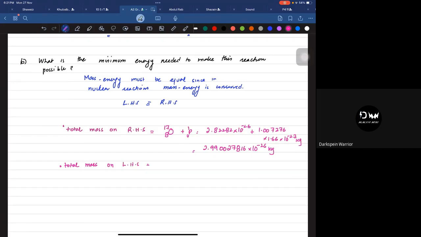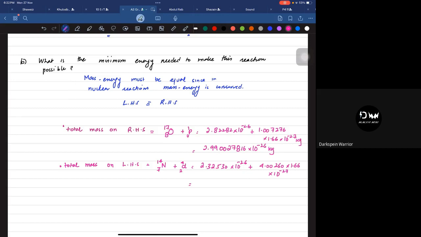So that would be basically the mass of nitrogen plus the alpha particle. So I think you just need to do 2.32530 times 10 raised to minus 26 plus alpha particle's mass was given in U, 4.00260 times 1.66 times 10 raised to power minus 27.